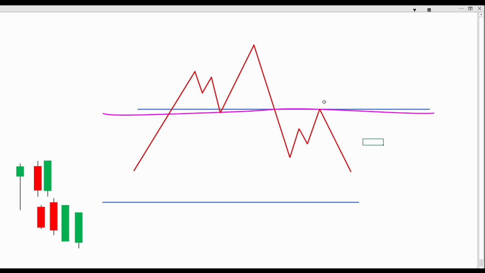So here will be our entry point once we check for the confluence of other stuff or indicators that tell us this is a good place to enter.